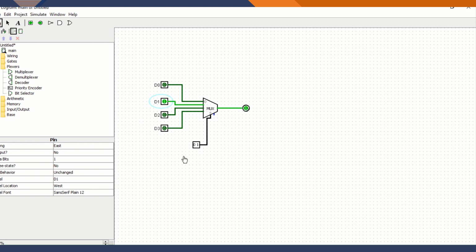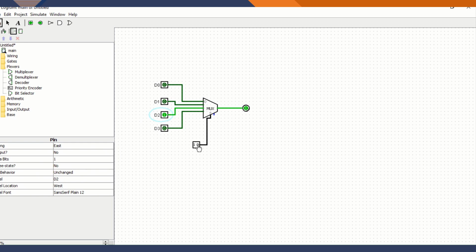Now I am going to change S0 equal 1, S1 equal 0. My output is Y equal 0. That means my output Y equals D2. Now I am going to change D2 to 1. See, my output Y equals D2.